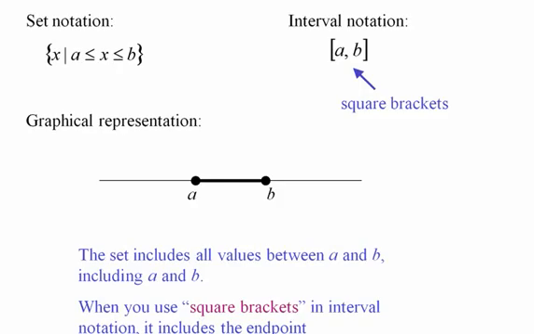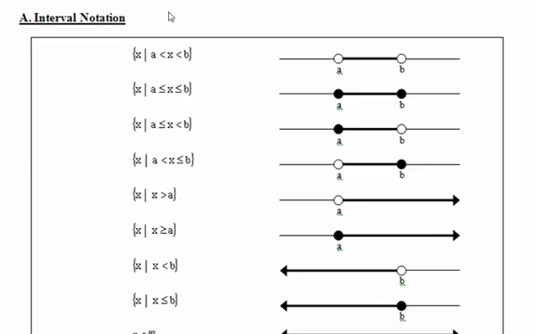Some little notes before we get started. I'm just going to get to the page that you have in your books. When we have an open circle, that always means it doesn't include it. It's not equal to at that point, and so that's going to be an open or round bracket.